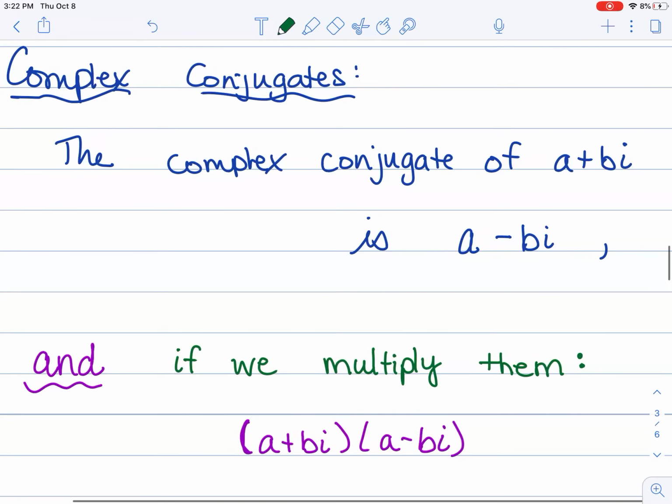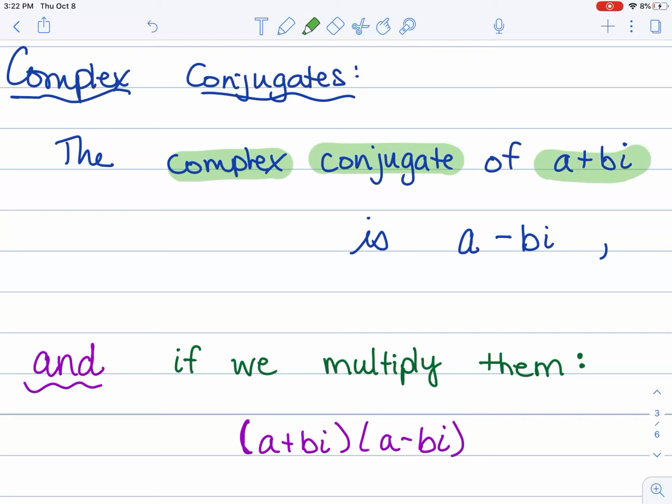Complex conjugates. So the complex conjugate of a plus bi is a minus bi. Now notice the conjugates have some similarities and a difference. They both have the same first term, the real part of the complex number.